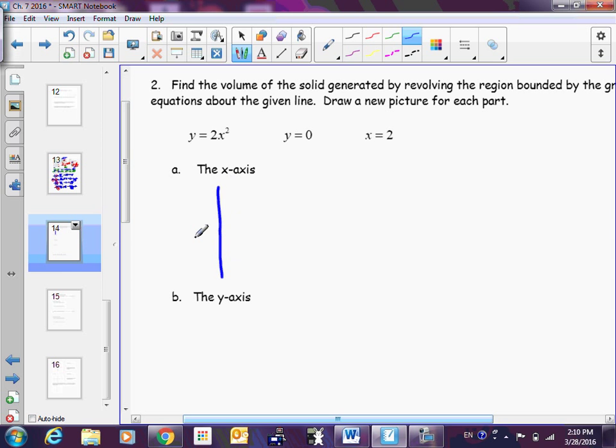You're still, though, going to need to graph. What shape would 2x squared make? A parabola. Y equals 0 is the x-axis. X equals 2 is a vertical line. The graph is there to help you do the next part, so make it as accurate as you can, but it doesn't have to be a masterpiece.